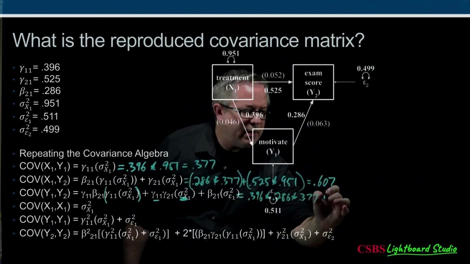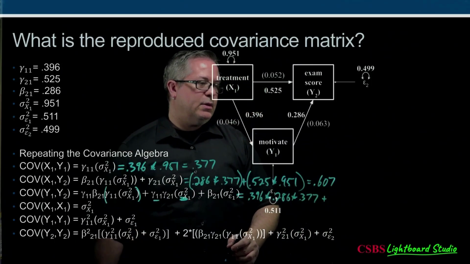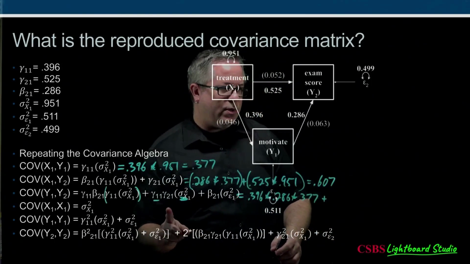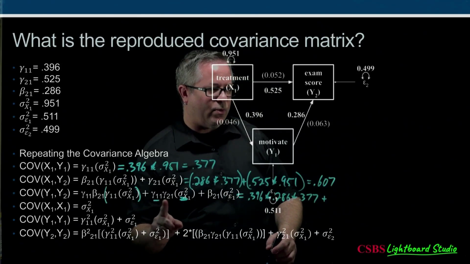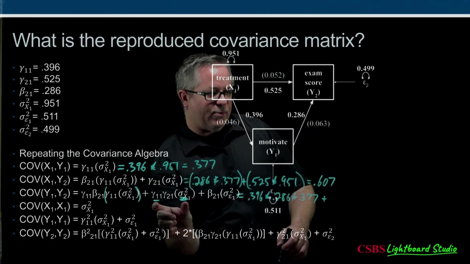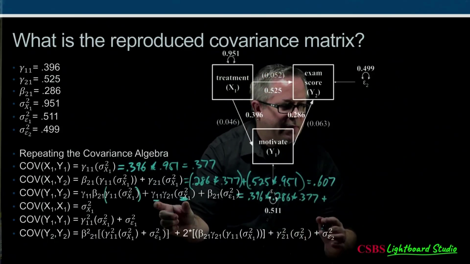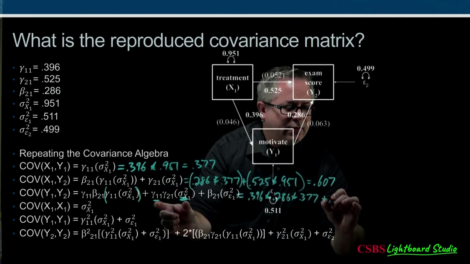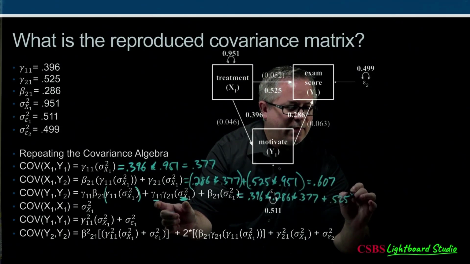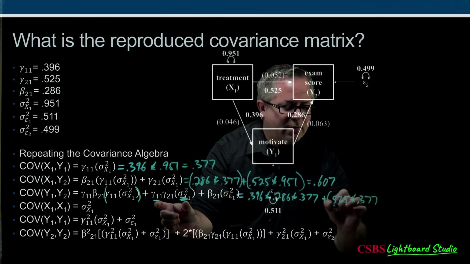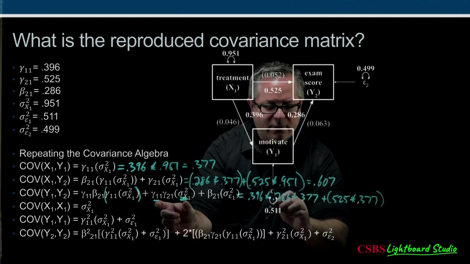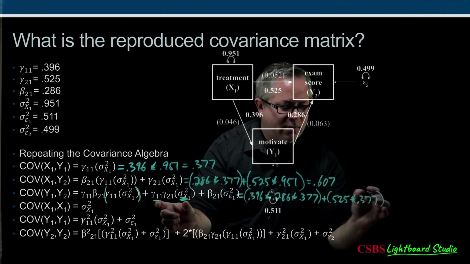And I'm going to add to that. I also have, again, a gamma 2,1 times a gamma 1,1. So those together also make 0.377. So gamma 2,1 is 0.525 times 0.377 again. If I'm doing that correctly, that should make sense.